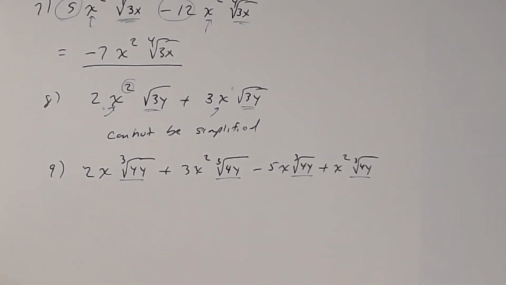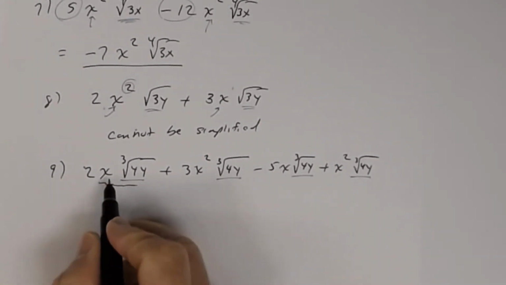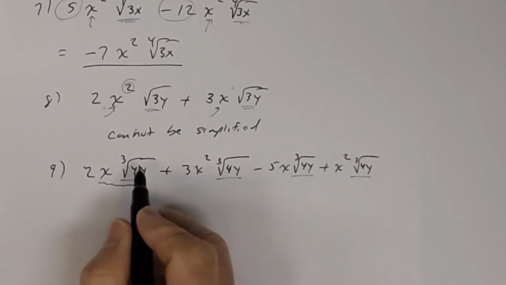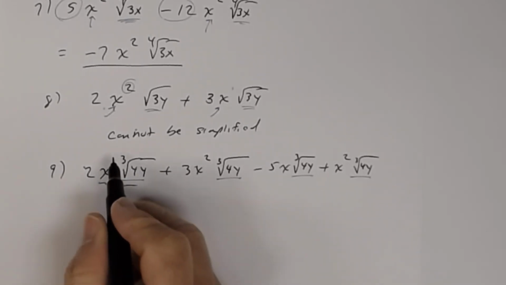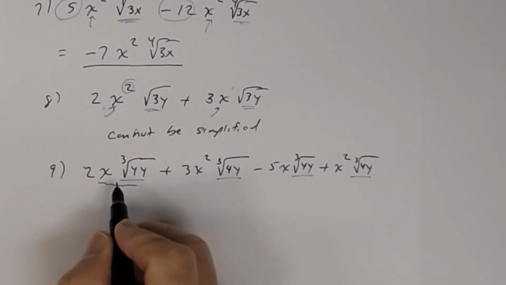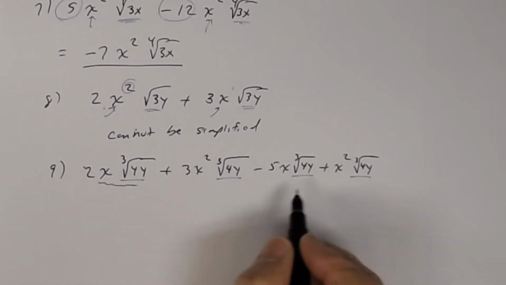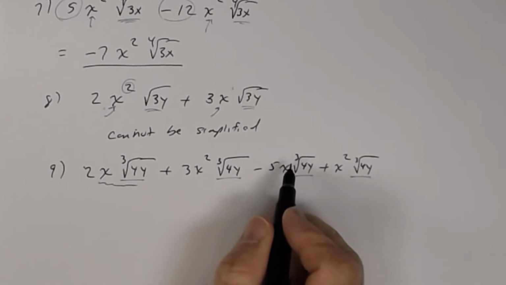But they also all have variables. Some have different factors of x, and some have other factors of x. So I want you to notice this right here. So consider this one first. Remember, they're all the same. So all of them have the cube root of 4y. But this one has one factor of x. Do you see another one with just one factor of x? See, that's two factors of x, that's two factors of x, but here you have one, right?